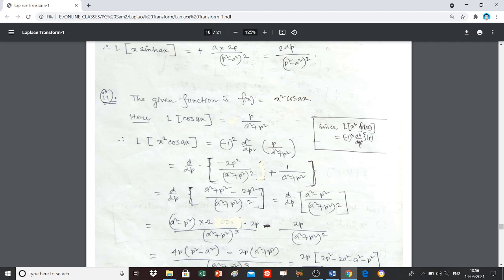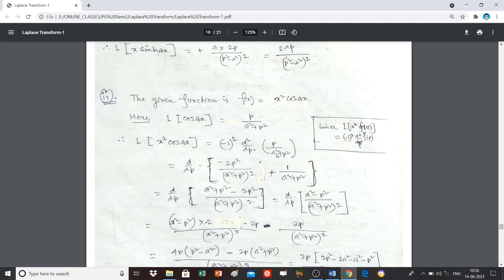So first, that can be written as d/dp, then differentiation of this with respect to p. That means d/dp of p/(a² + p²). First we keep p as constant in this term, so p is there.